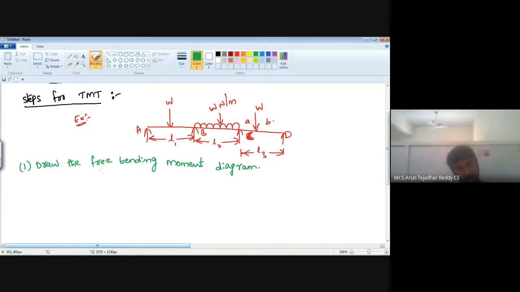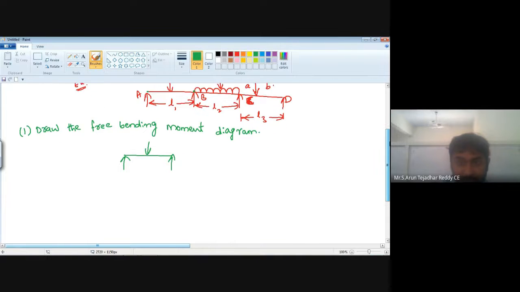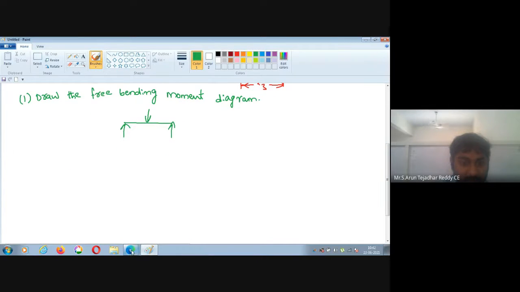What is the free bending moment diagram? We can say it is the maximum bending moment diagram. Suppose you take A to B, that is acting as a central point load here. Now, what is the maximum bending moment diagram here?